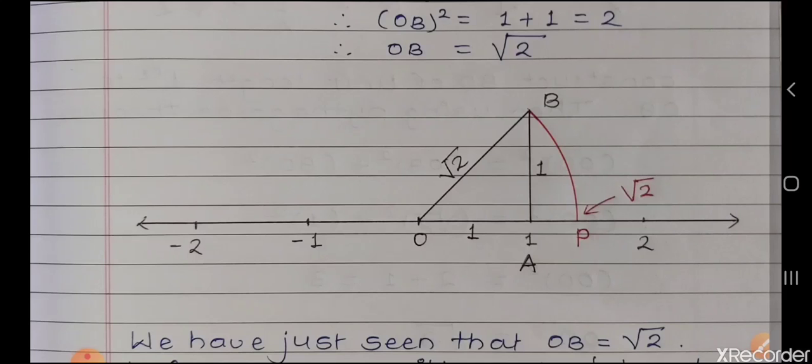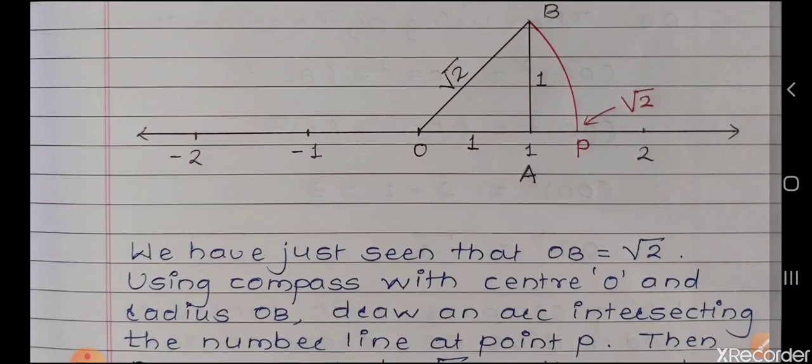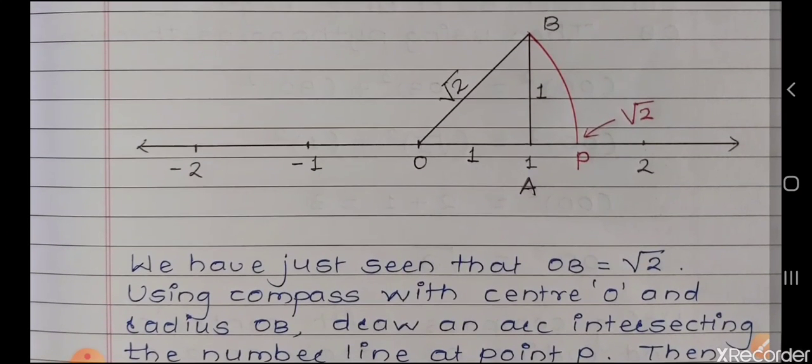By using the Pythagoras theorem in triangle OAB, we get OB is equal to square root of 2. Using the compass with center O and radius OB, draw an arc which intersects the number line at point P. So P corresponds to square root of 2 on the number line.